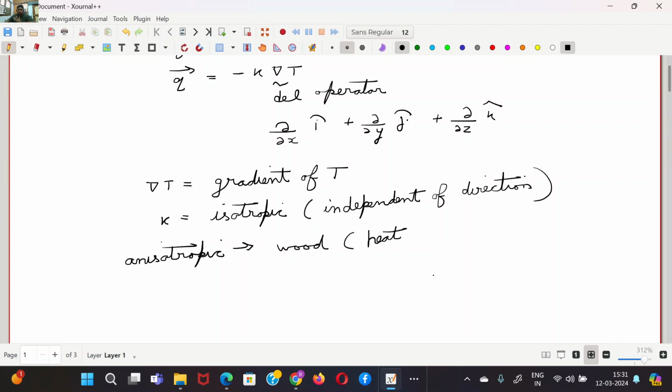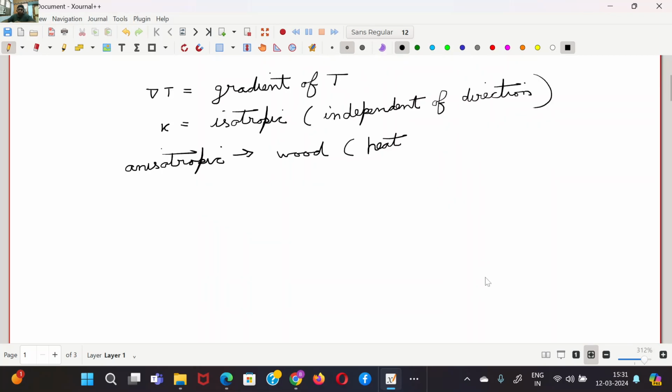It's in the form of grains and all. You must have heard about it maybe in your school days. There is a directional component also. The way the material in the wood is, in some orientations it will have some property, in other orientations, say perpendicular to the original orientation, will have some other value. Okay. Hence the heat flux is different in different directions.